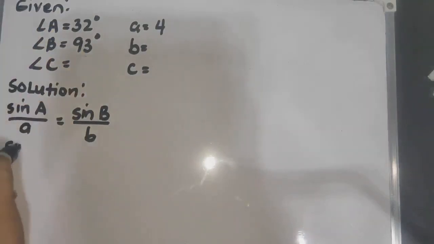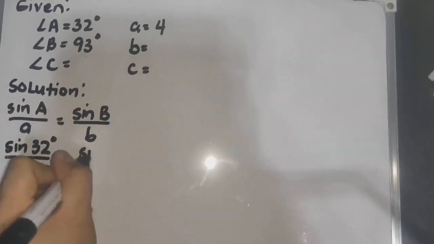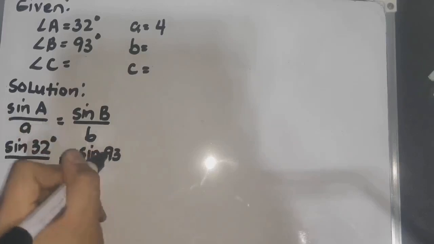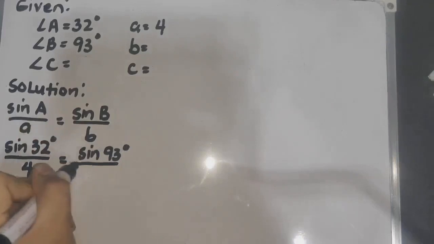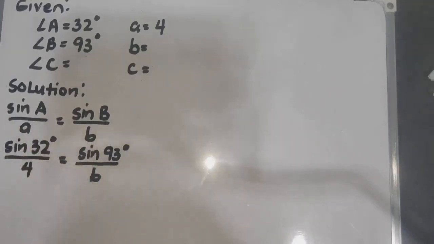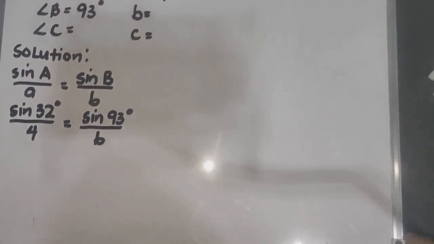So, sine of 32 degrees, kasi yun yung value ng angle A natin, over the value of side A which is 4, equals sine of angle B which is 93 degrees, then over side B. Yun yung hinahanap natin. So, para makuha natin ng mas mabilis yung ating value ng ating side B, kukuhanin natin yung exact value ng ating trigonometric function. So, yung una natin is sine of 32 degrees.